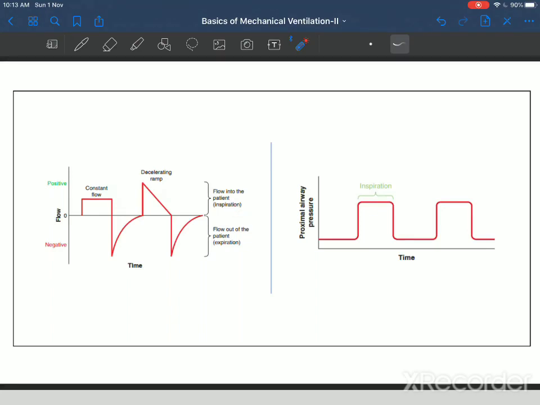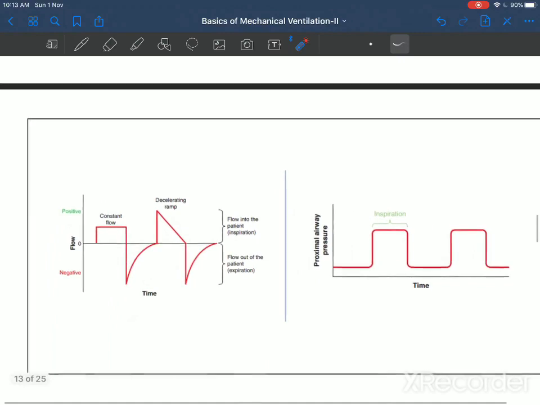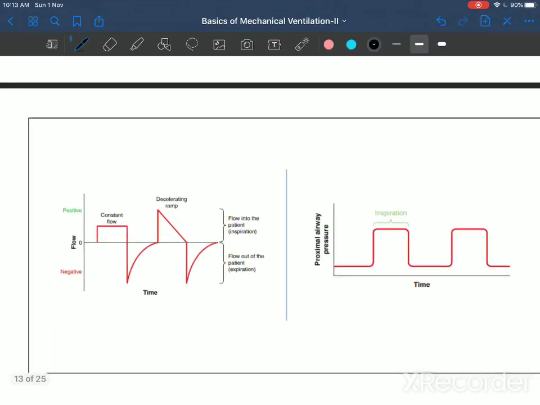As air fills the alveoli, pressure increases, correct. So proximal airway pressure will remain constant in a pressure targeted mode. So what happens to flow? If you remember this formula, we can do this again. Flow is airway pressure minus alveolar pressure divided by resistance.